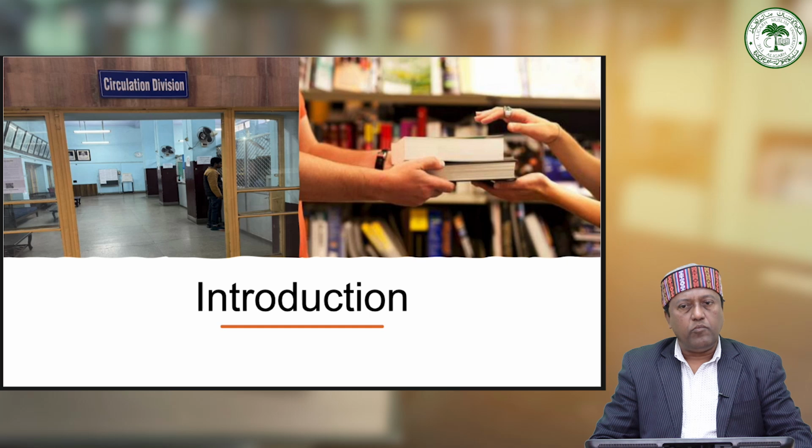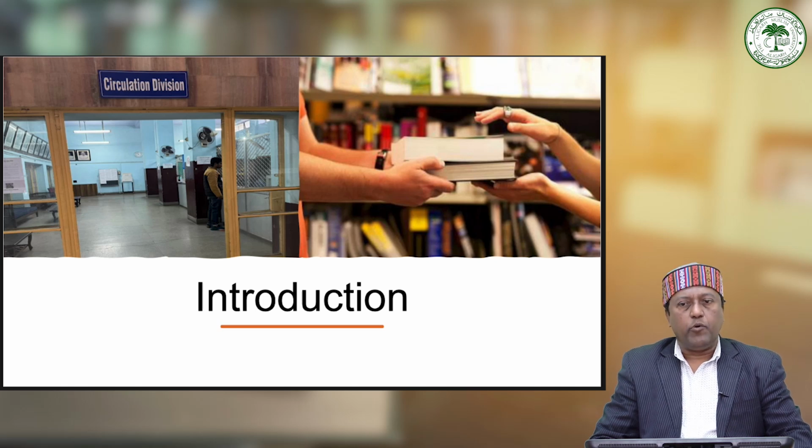It's a dynamic hub of activity where dedicated staff members help in borrowing and returning the material, maintaining meticulous records, and providing invaluable assistance to library users. Especially in the digital age, the circulation section has evolved to embrace new technologies and innovative practices, from automated checkout systems to barcode technology. Last time I told you about barcode technology also, and now we'll be discussing it in detail this time.